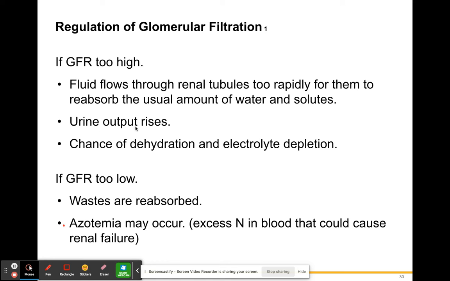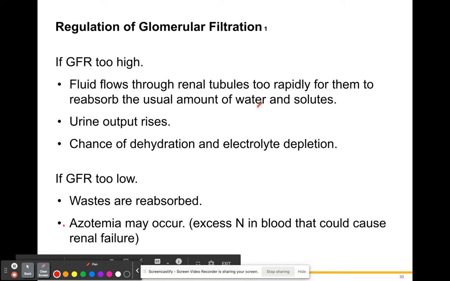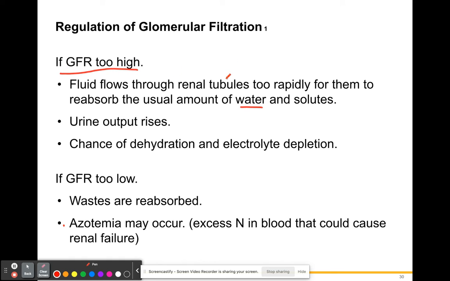What happens there is, if you can't reabsorb things like water and other solutes, those solutes are going to be removed from the body. There's going to be a lot of water reabsorption in the kidney so that your body stays hydrated. And if your filtration is happening at too high a rate, the water cannot be reabsorbed. So it's going to stay in your urine and then be removed from your body when you urinate.